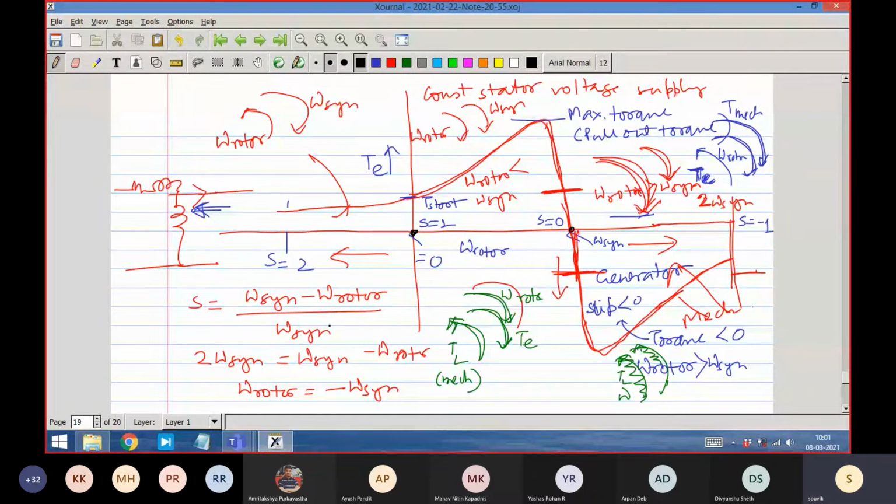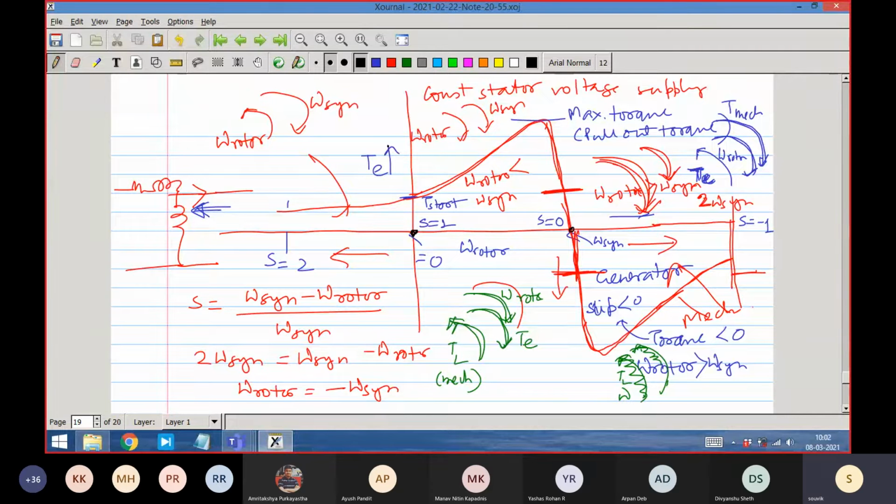Synchronous speed depends on the number of poles. Rotor speed depends on the number of poles. So as a ratio, slip is not a function of the number of poles. The y-axis is torque, the electromagnetic torque developed by the machine.